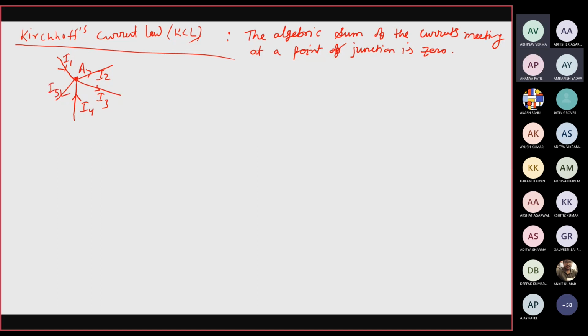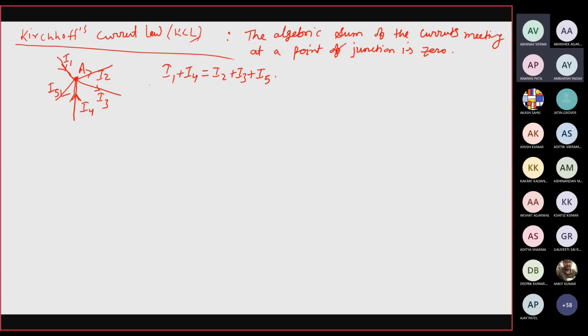So what we can write according to this KCL is that the total current leaving a junction is equal to the total current entering that junction. Out of these 5 currents, I1 and I4 are entering the junction, whereas the remaining 3 currents I2, I3 and I5 are leaving the junction. So according to this KCL, I1 plus I4 will be equal to I2 plus I3 plus I5, right?